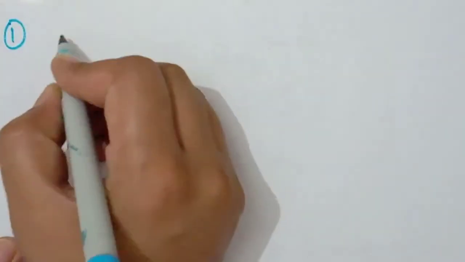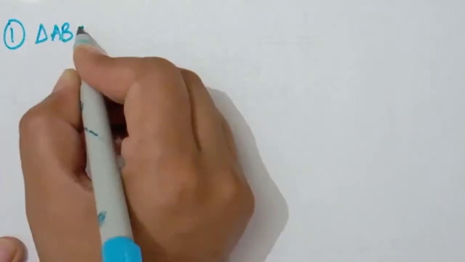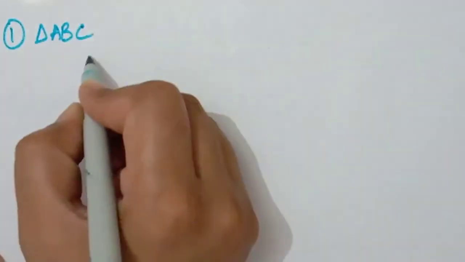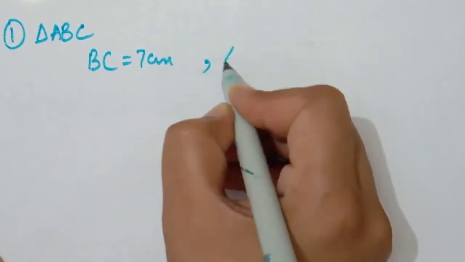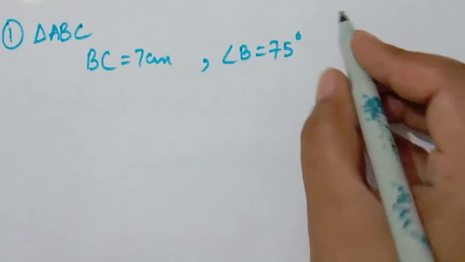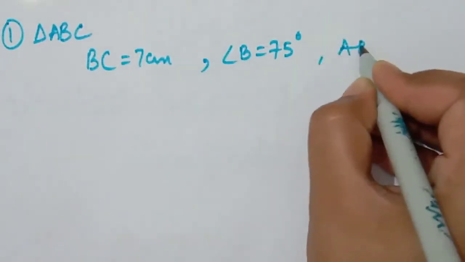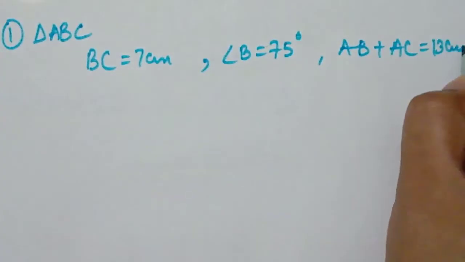So students, the first type is when we are talking about a triangle ABC. In this triangle, the base is given as 7 centimeter, angle B is given as 75 degree, and AB plus AC is given as 13 centimeter.